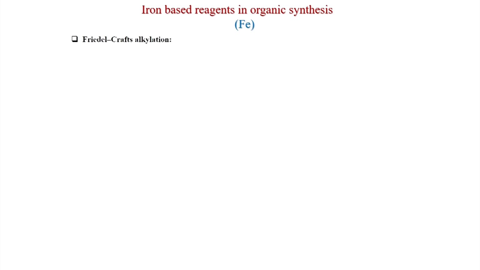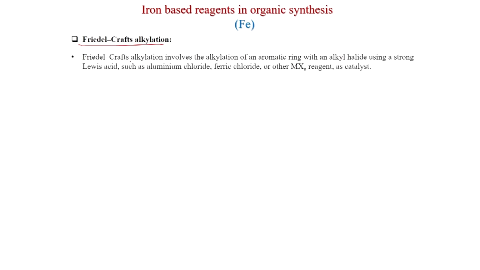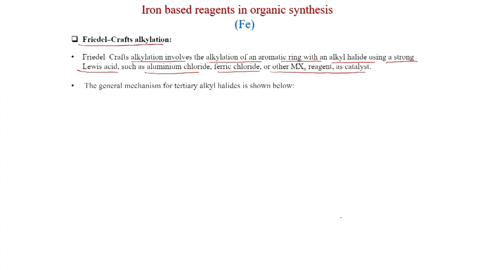Iron is generally a Lewis acid catalyst. So, we will see first the Friedel-Crafts alkylation. Friedel-Crafts alkylation involves the alkylation of an aromatic ring with an alkyl halide using a strong Lewis acid such as aluminum chloride, ferric chloride or other MXn reagent as catalyst. The general mechanism for tertiary alkyl halides is shown below. So, like this benzene, RX.